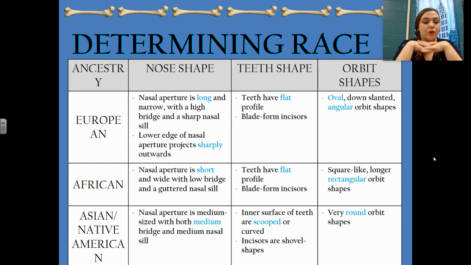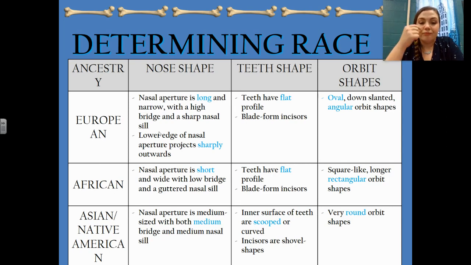All right, so ancestry, European. Let me show you a picture of this in a second so you can visualize it better. Their nasal aperture is long and narrow with a high bridge and a sharp nasal sill. That's the little part that sticks out right under your nose on the skull. It's much pointier in European ancestry, kind of like a point.